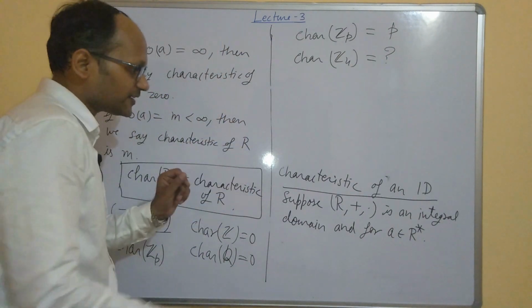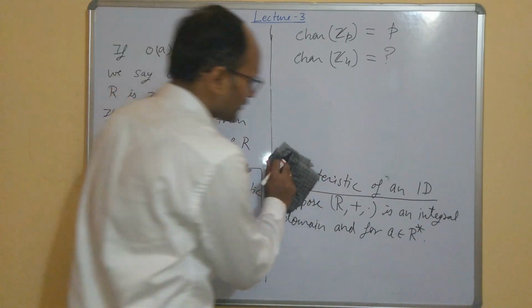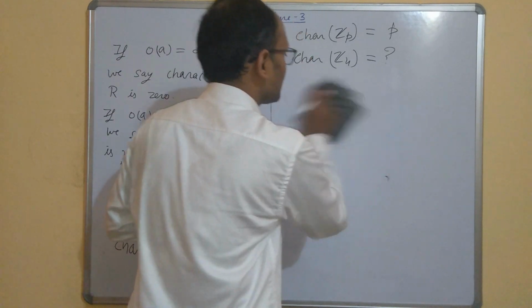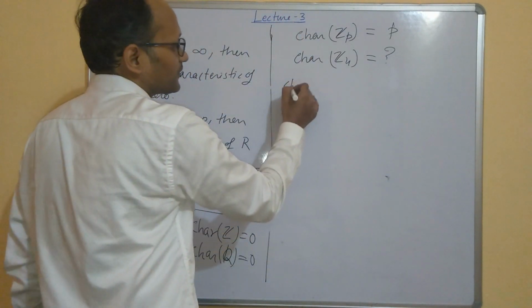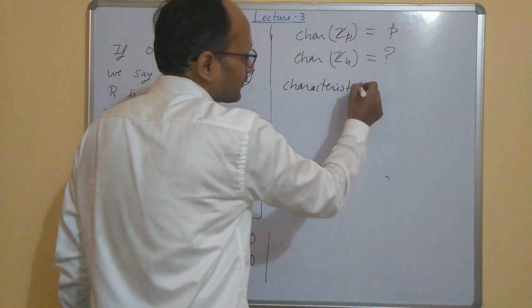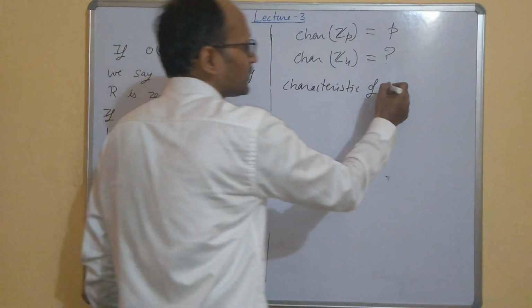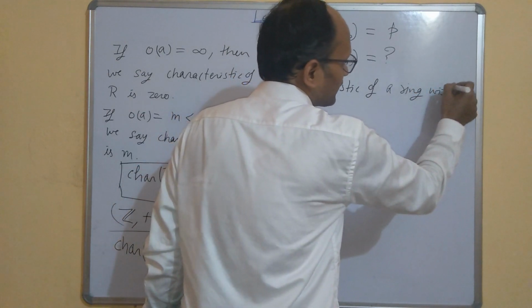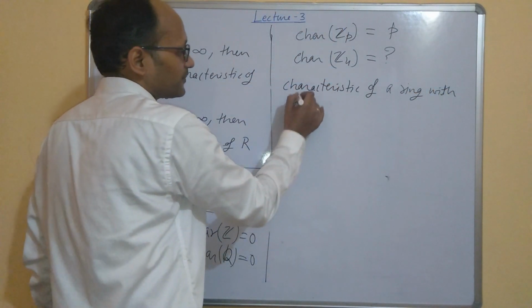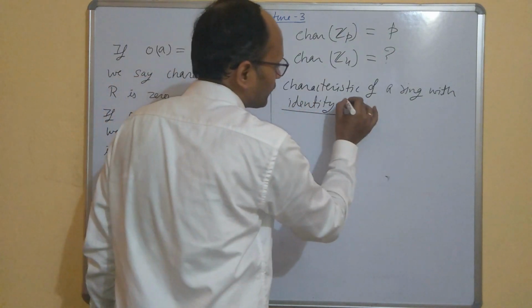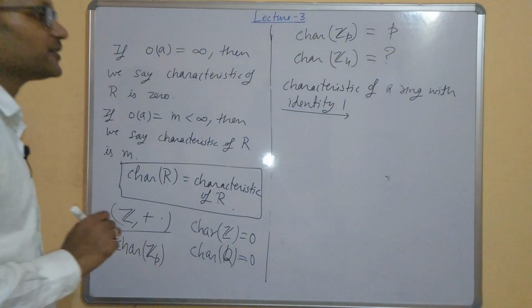Okay, so let us extend this definition and define the characteristic for any ring with identity. So the characteristic of a ring with identity 1. Usually we denote identity by 1.